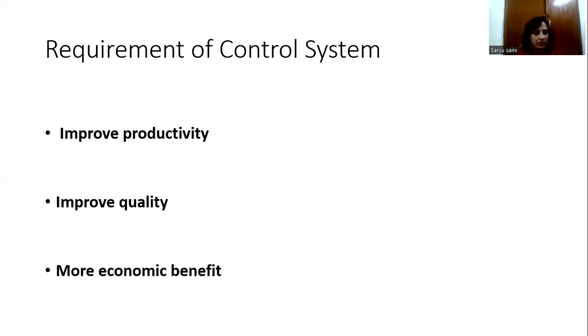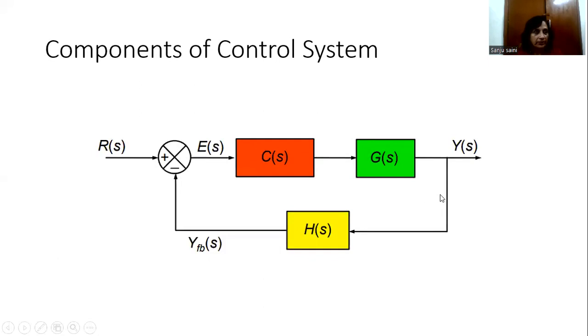So when we have a control system, it will help to maintain or improve the quality that is coming out of a particular factory or a particular organization. Obviously, when wastage is less and quality is more, then we are going to get the economic benefits also. So, control system is an essential requirement.